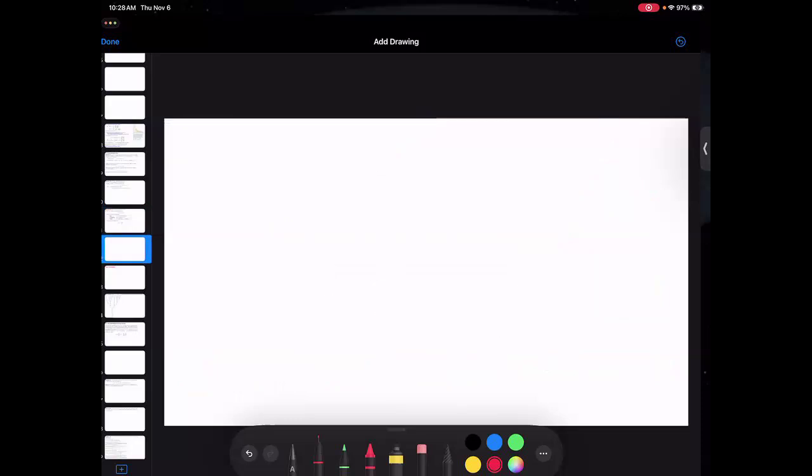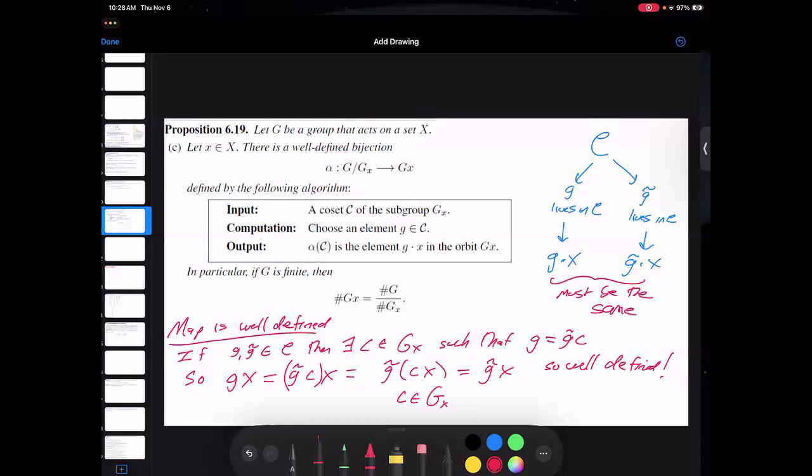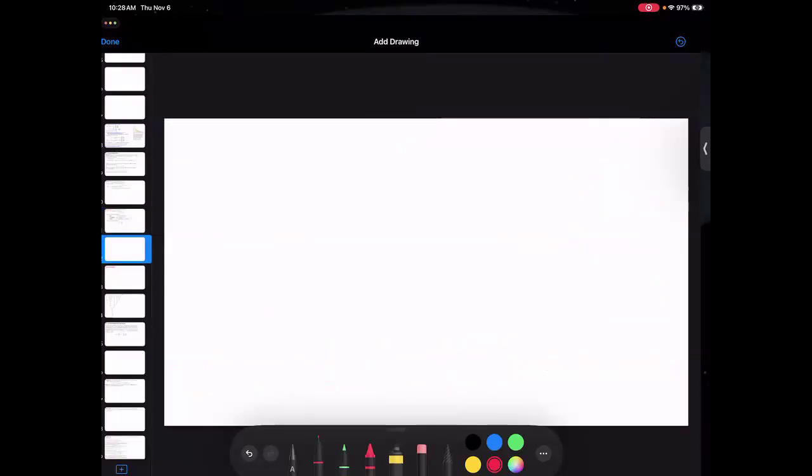Okay. So now we want to prove that if G is finite, then the cardinality of the orbit Gx is equal to the cardinality of G divided by the cardinality of the stabilizer G sub x.